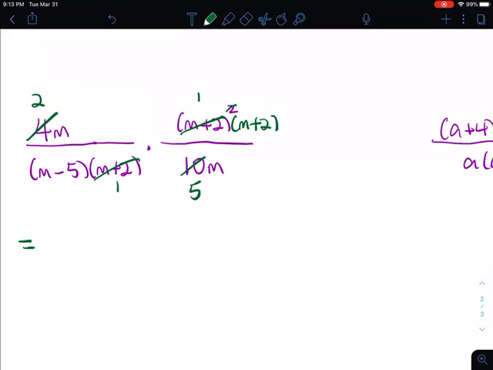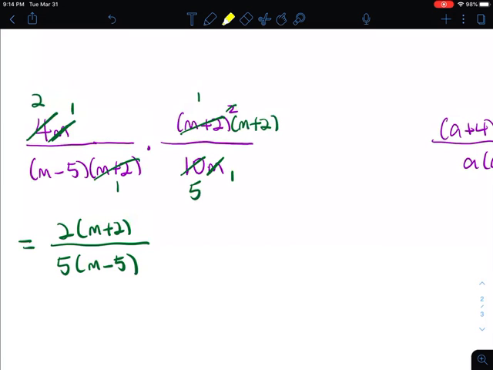So let's go ahead and write what's left. So on top, I have 2 times m plus 2. And on the bottom, I have a 5m. Oh, actually, we can also cancel out the m's, right? So we have an m up here and an m down here. So those m's can actually also cancel out to be 1s. So then on the bottom, I just have 5 times m minus 5.